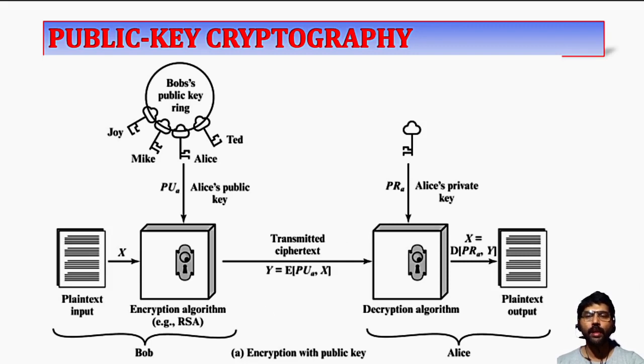Even if the opponent has the public key, he cannot open that ciphertext. He can take any plain text and convert it into ciphertext, but he has no authority to open that ciphertext back to plain text. Only the paired key can open it. So that is the concept we have to learn here. Until this private key is owned by some other person, there is no other way to access the plain text.